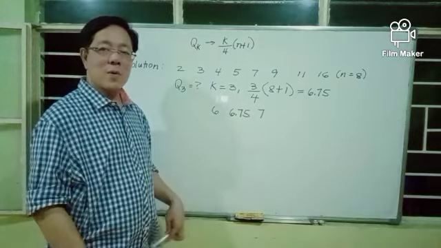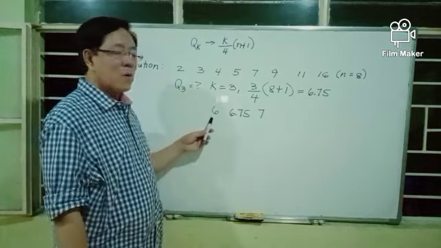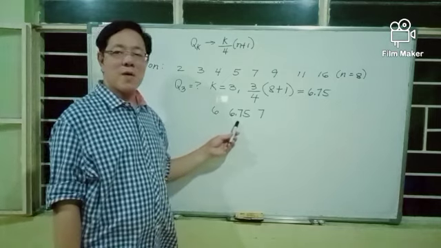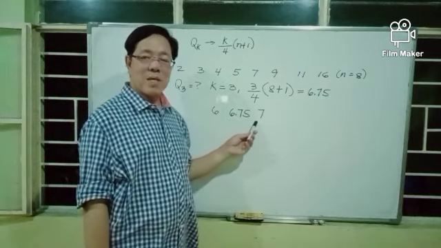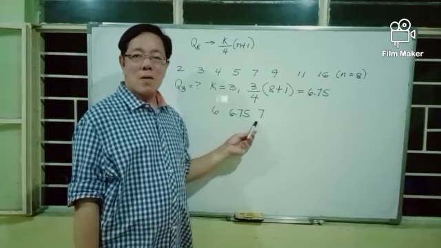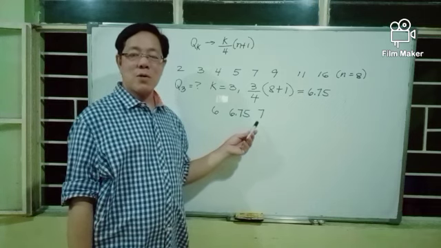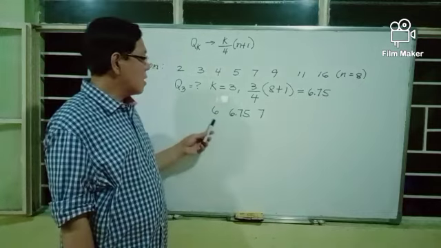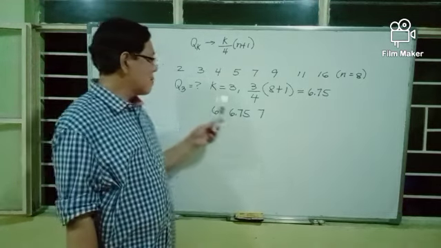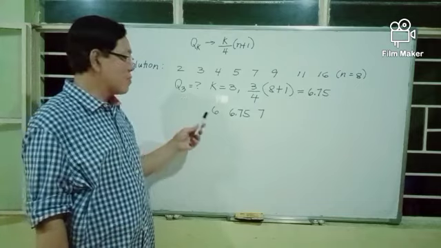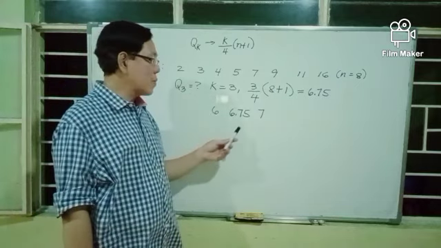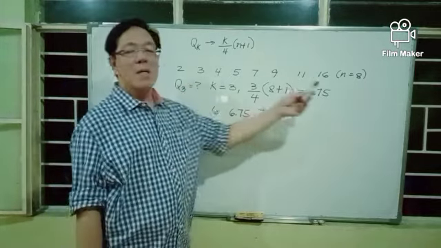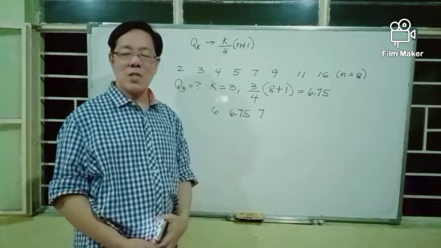Six is the largest integer that is less than 6.75, while 7 is the smallest whole number that is greater than 6.75. And this means that the value of the third quartile is between the 6th value and the 7th value in this set of values arranged in order.